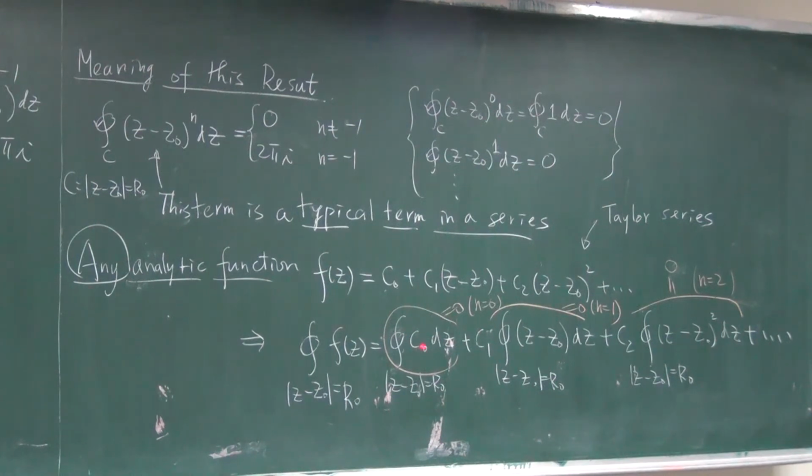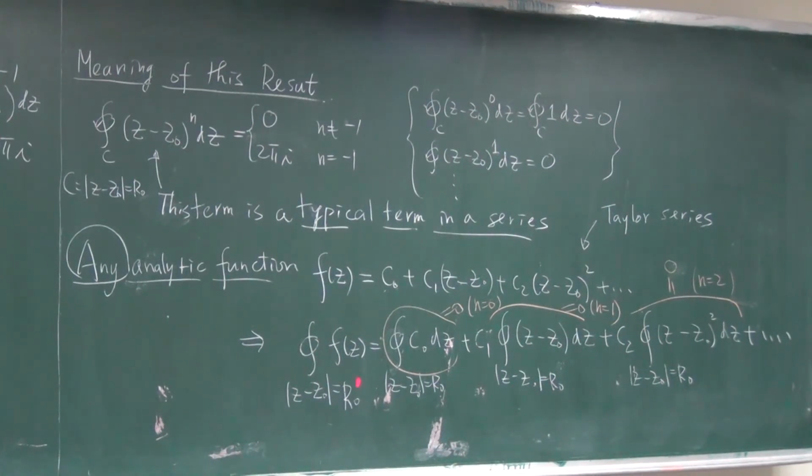For the constant term, (z minus z0) with n equals 0, the result is also 0. So each term after the integration becomes 0. What it means is that the integration of this function along the circle is equal to 0. This is a very general result because this function is an arbitrary analytical function.